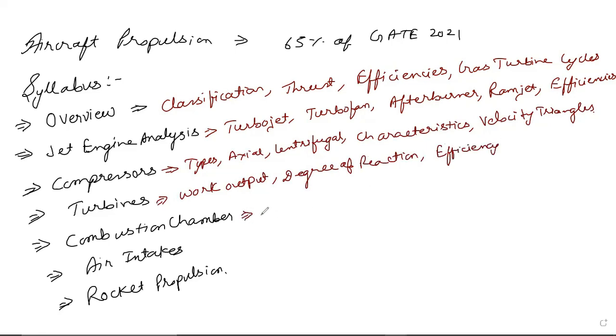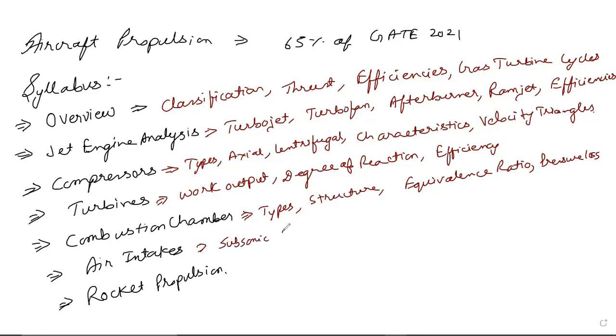In combustion chamber, we will see types and structure of combustion chamber. Then the important thing called equivalence ratio, then pressure loss in combustion chamber. In air intakes, it is subsonic inlet and supersonic inlet.